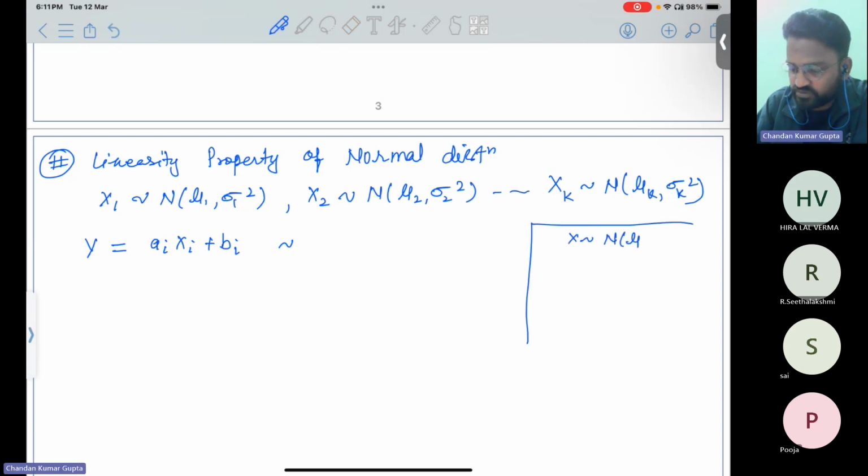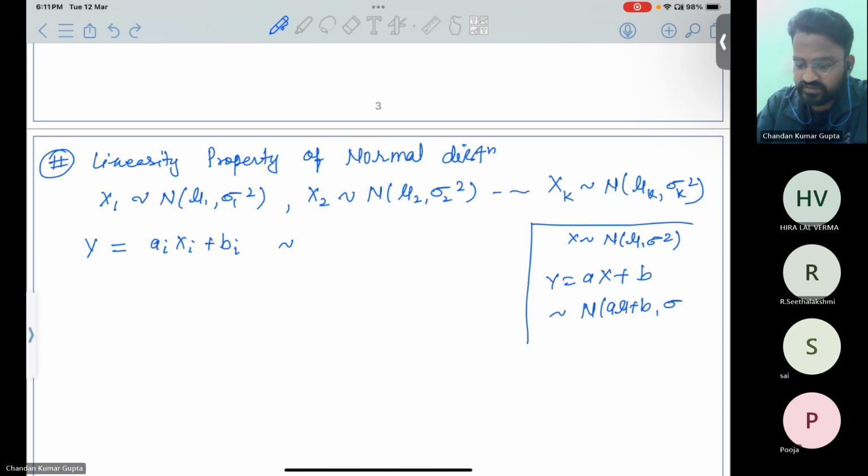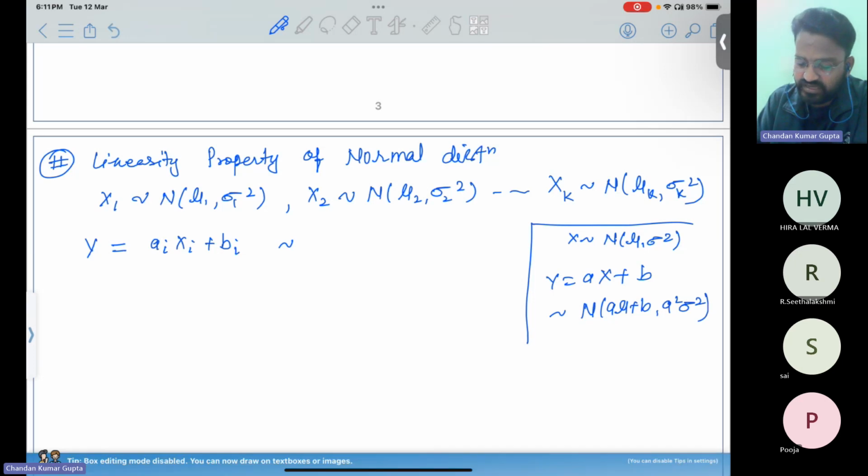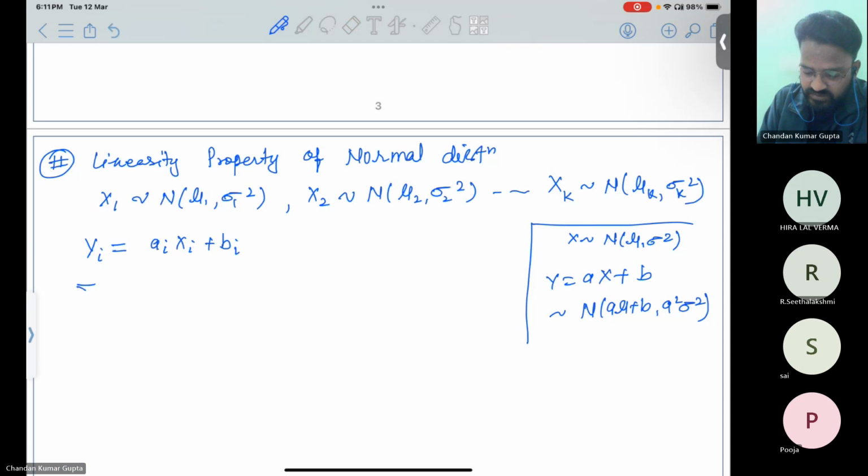If x follows normal(mu, sigma square), then y equal to ax plus b follows normal(a mu plus b, a square sigma square). So we need to find the summation of yi.